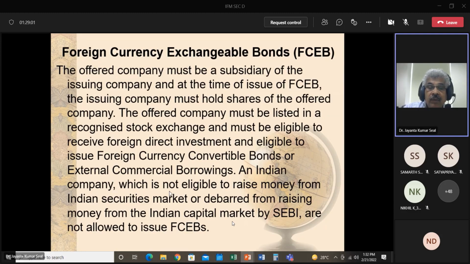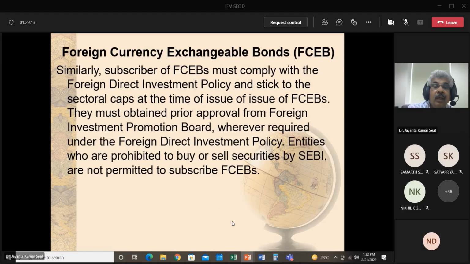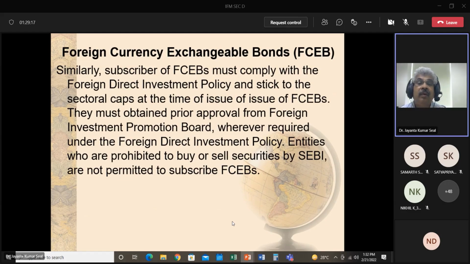An Indian company which is not eligible to raise money from the Indian securities market or is debarred from raising money from the Indian capital market by SEBI is not allowed to issue foreign currency exchangeable bonds. Similarly, subscribers of FCEBs must comply with the foreign direct investment policy and stick to the sectoral caps at the time of issue.